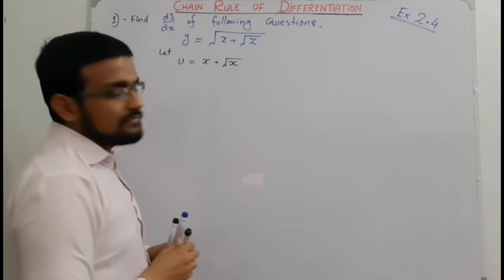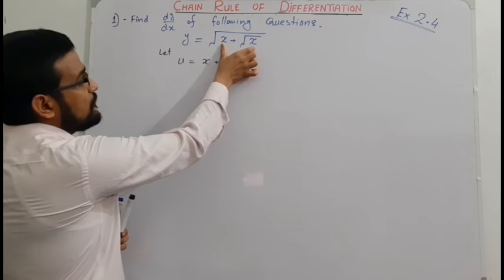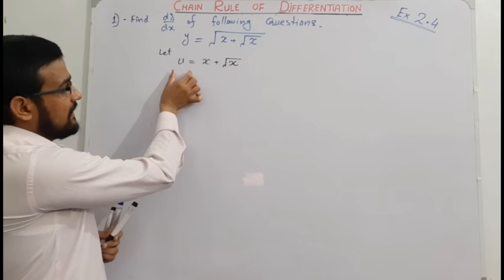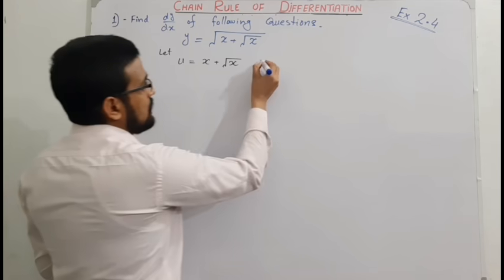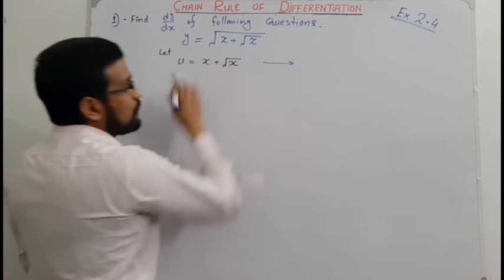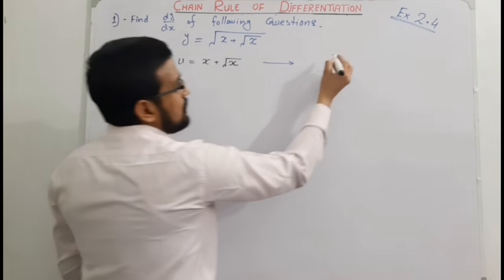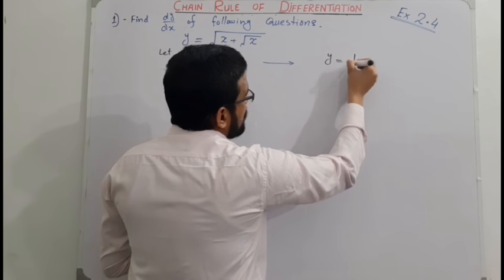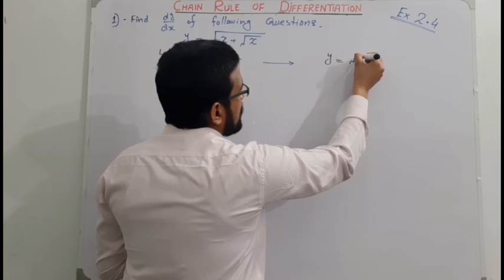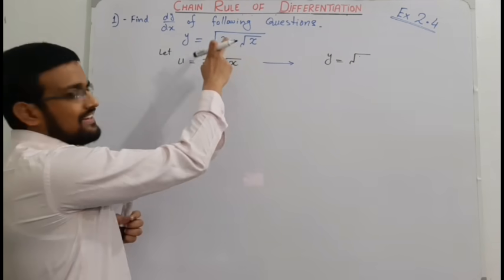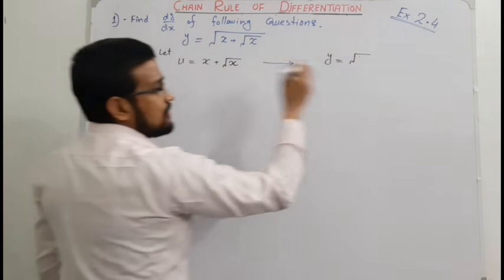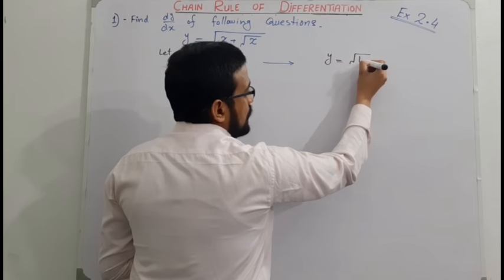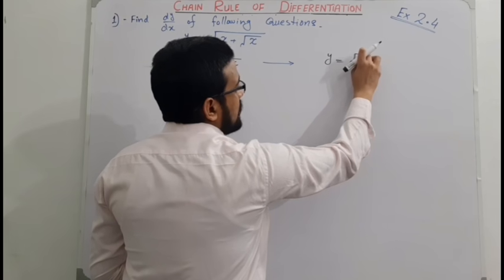Then y becomes square root of u, where x plus square root x is replaced with u.